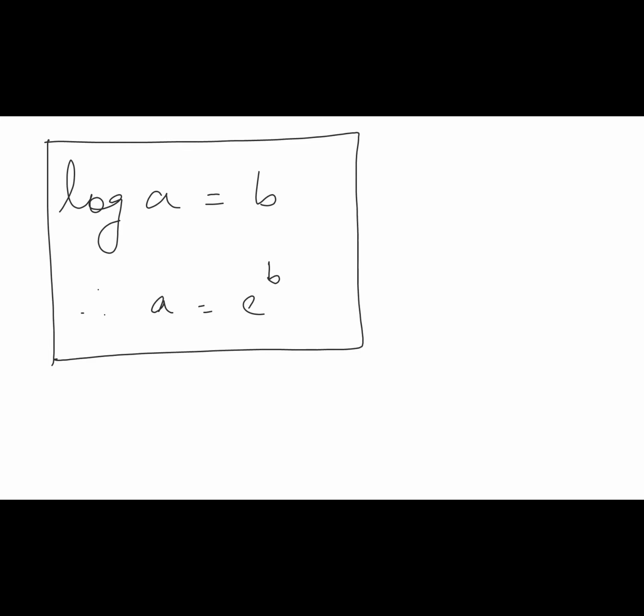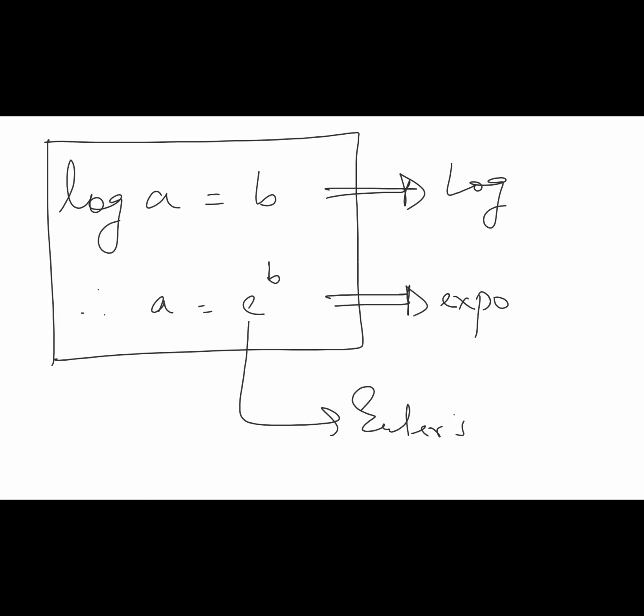The reason being the base is e over here. So this part is called the logarithmic form and this part is called the exponential form. And e is Euler's number. There is no base written, so we are taking the base as e. So if log a is equal to b, a is equal to e raised to b. You have to remember this. Fine.